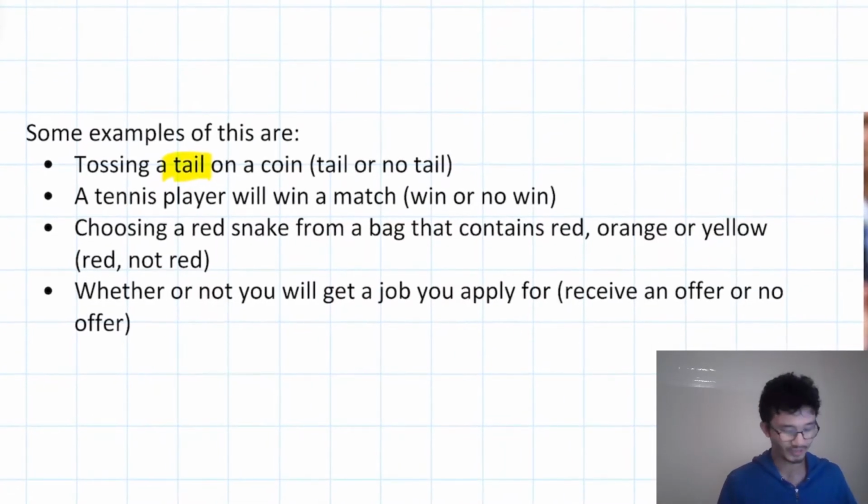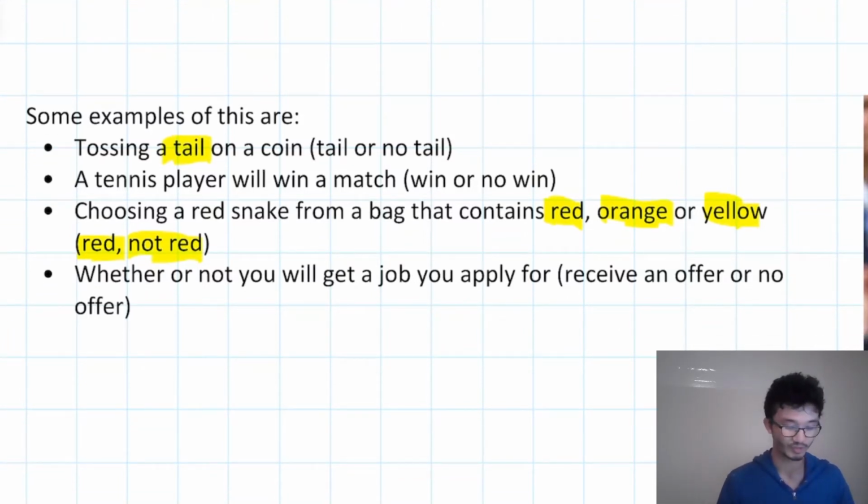Some more examples: choosing a red snake from a bag. Notice here, the bag actually contains many other colors, but because of the way in which we phrase the question, a random variable, red or not red, this is still meeting that criteria. So only having two outcomes, success or failure, right? Whether or not you'll get a job you apply for.